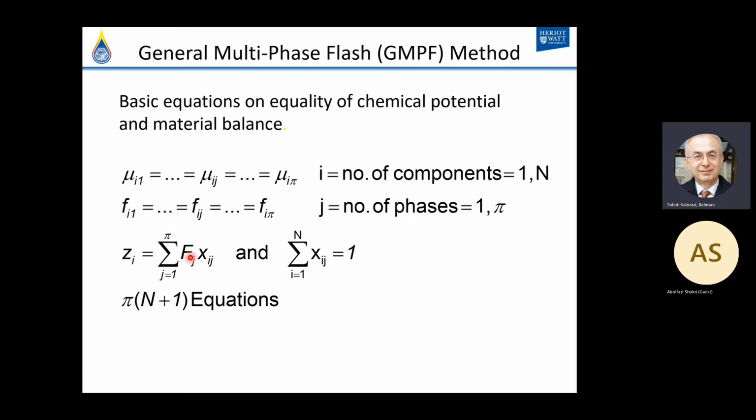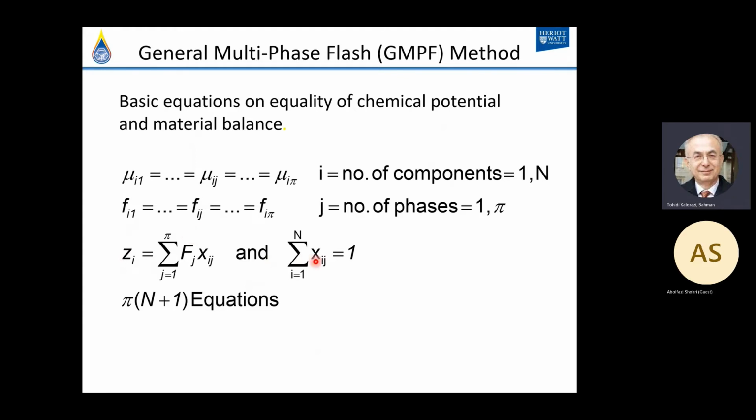But the combination of methane in different phases is equal to the amount of methane in the feed. So this is the component balance, okay?